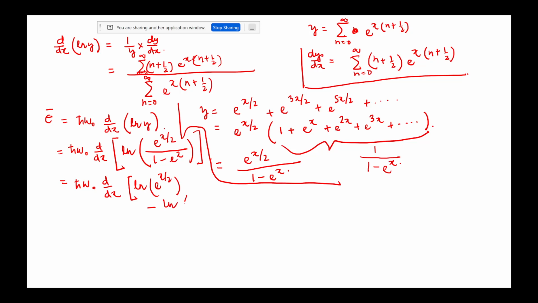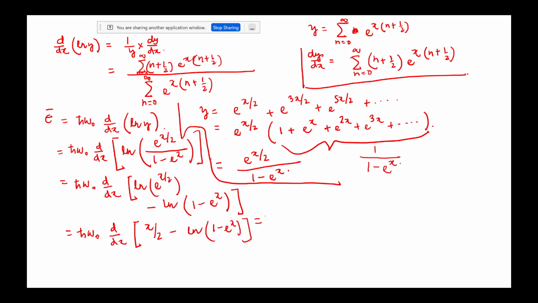Minus log of 1 minus e to the power x. Okay, so it will become h cross omega naught d/dx of this one, e to the power x by 2 minus log of 1 minus e to the power x.